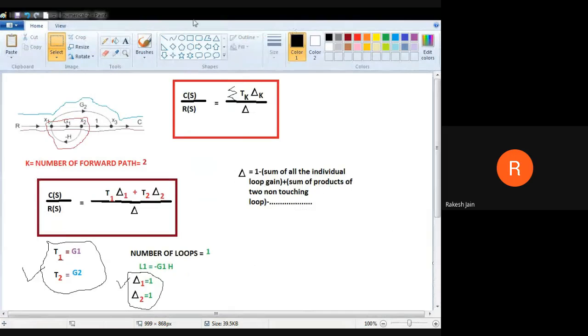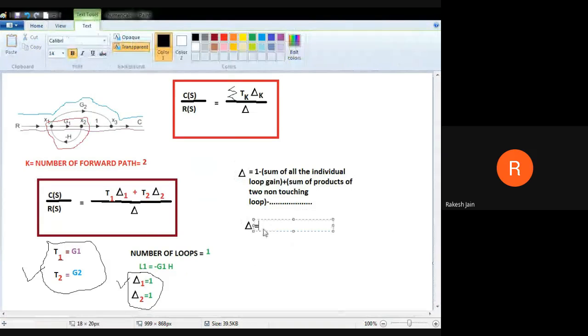But for this question, now check, del is equal to 1 minus sum of all the individual loop gains, but here only one loop is there. So which one is the individual loop gain?